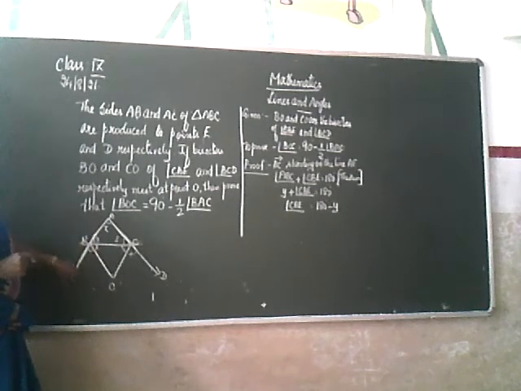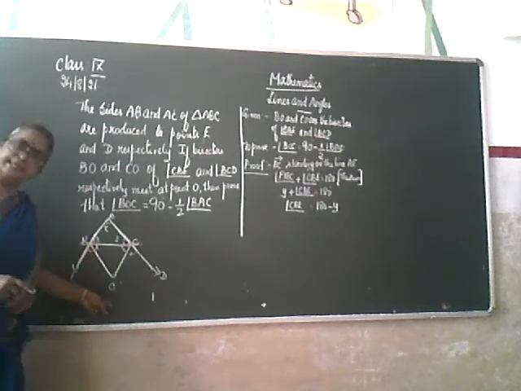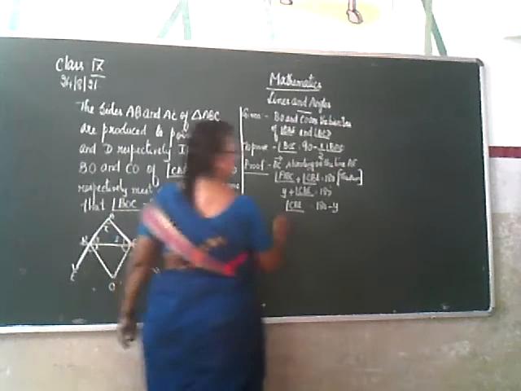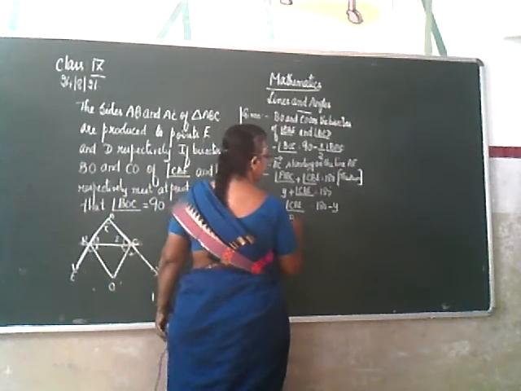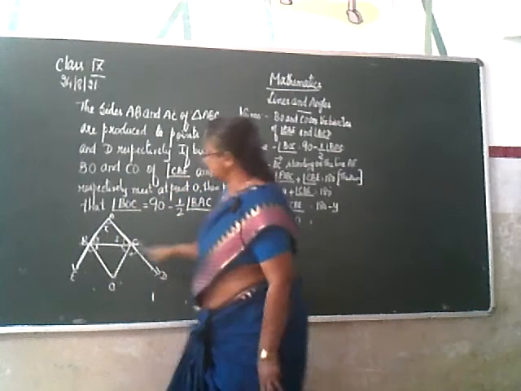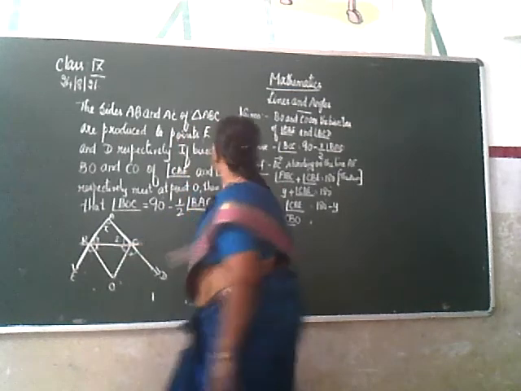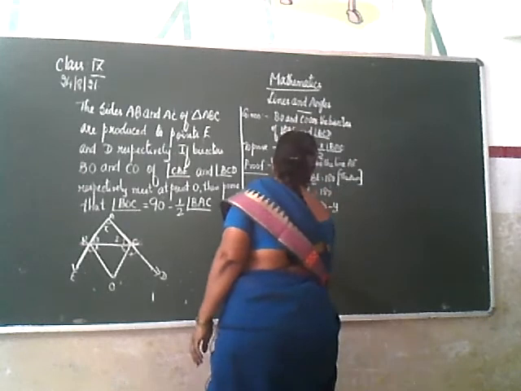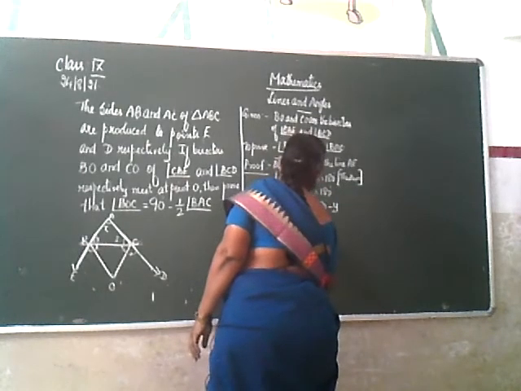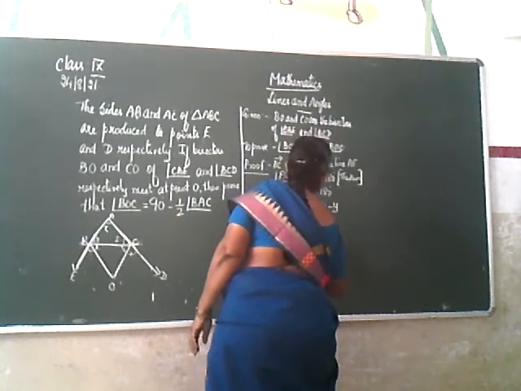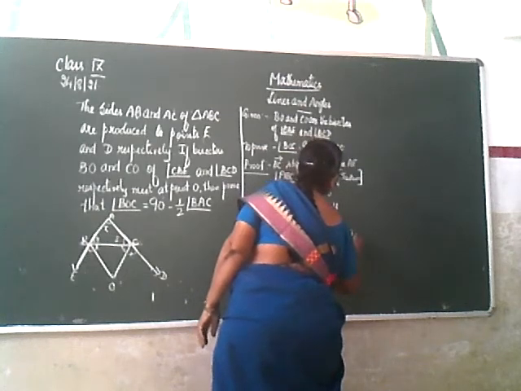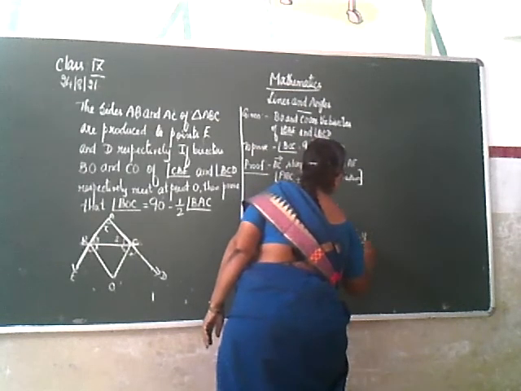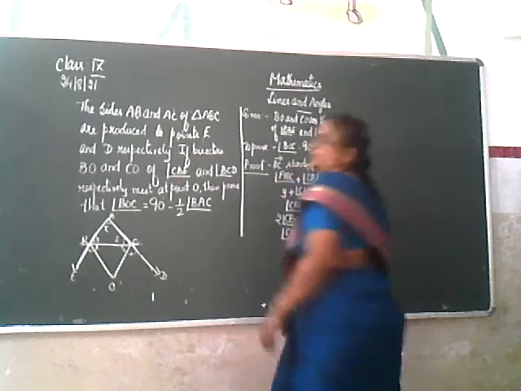So in two equal parts, CBE can be written as 2 times CBO. So 2 times CBO is equal to 180 minus Y. So angle CBO is equal to 180 minus Y divided by 2. So 90 minus Y by 2.